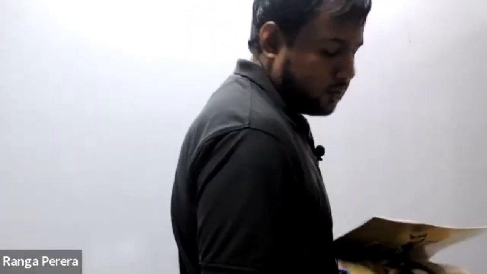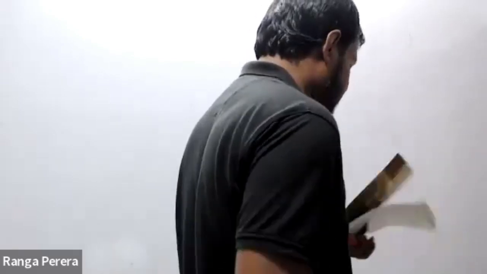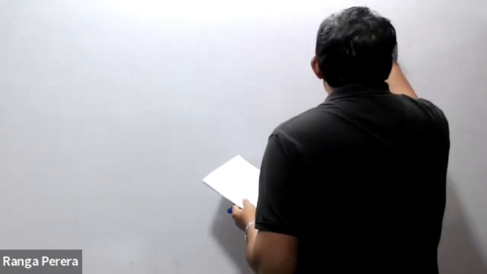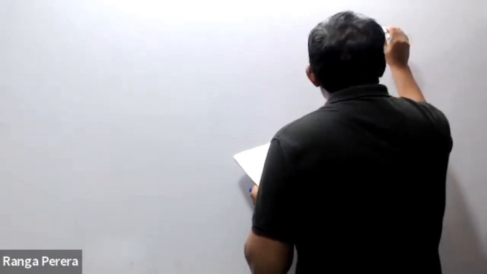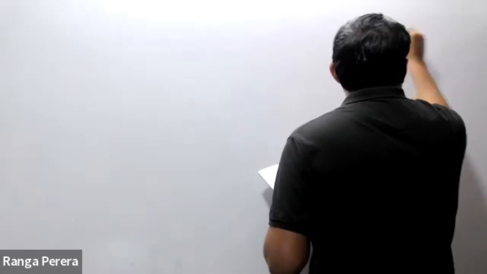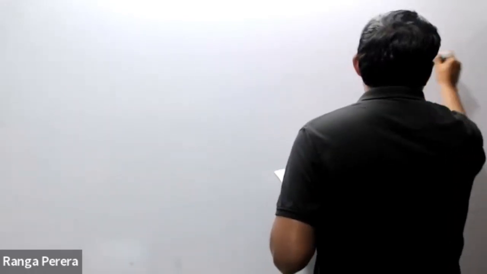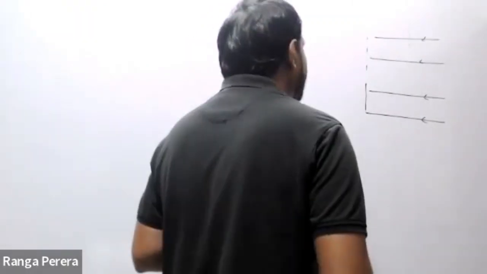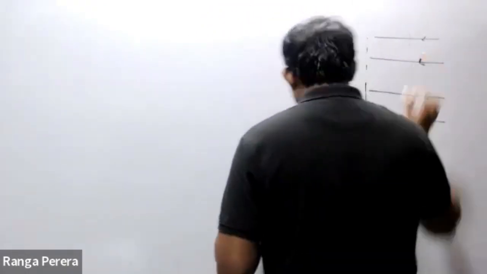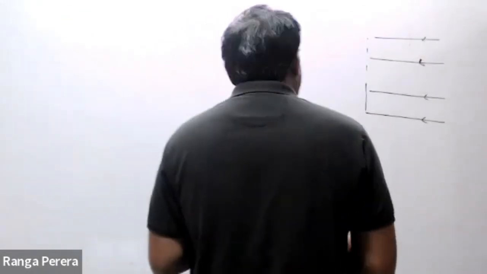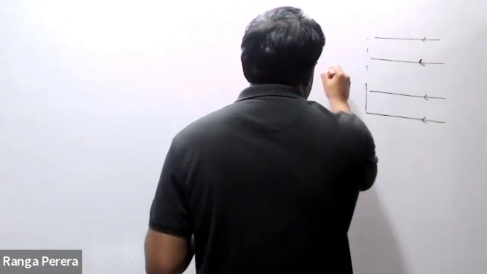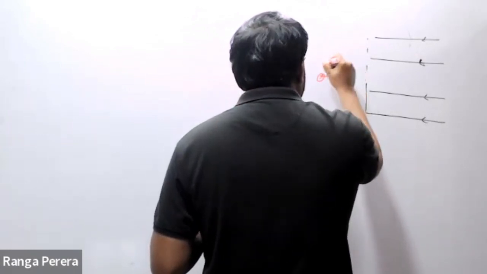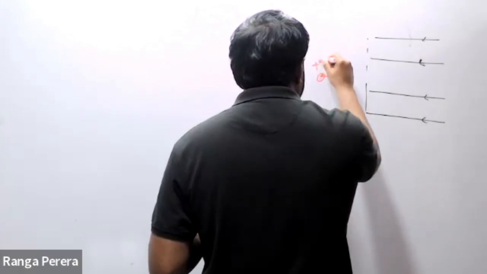Right, let me explain this part. So that's the electric field, look at the direction. A positively charged particle is released at a certain velocity at this point, plus q charge.